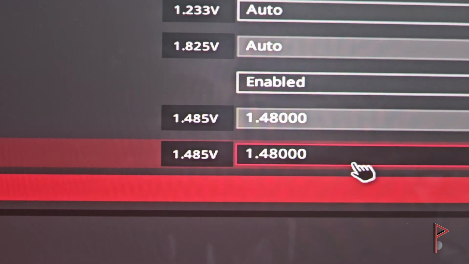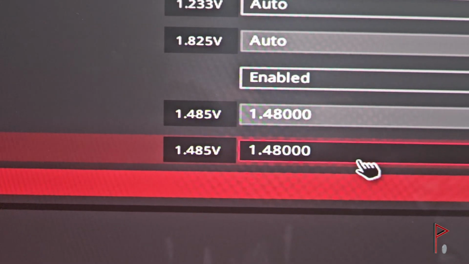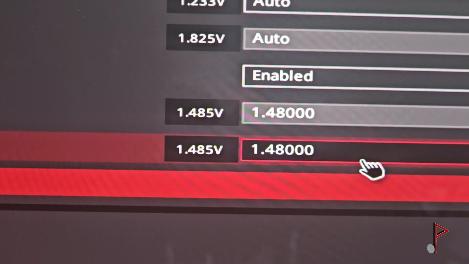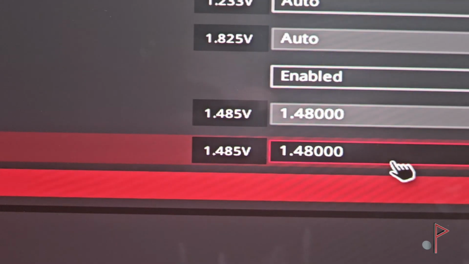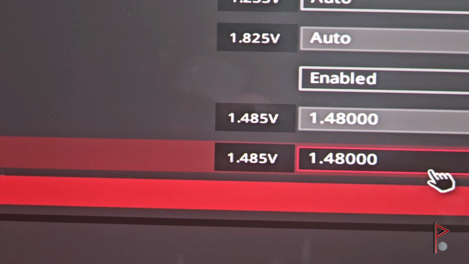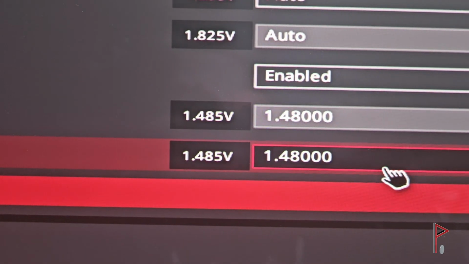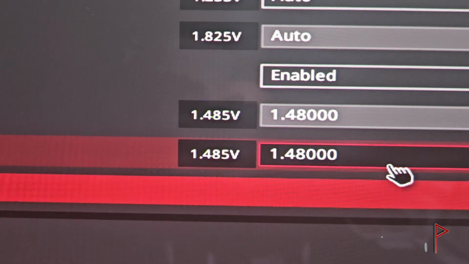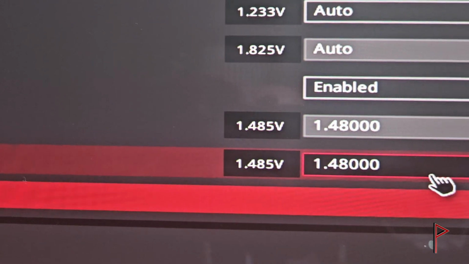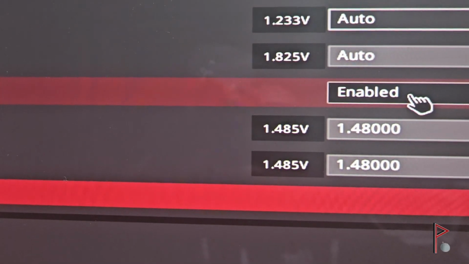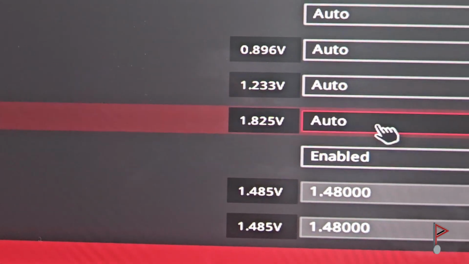I just saw no real point in going above 1.5 volts here, but at XMP, it's 1.45, so we've pumped it up a little bit there to handle some of the changes that we're going to make when we're configuring. I'll explain these voltages in a second, but I want to get to this one now.